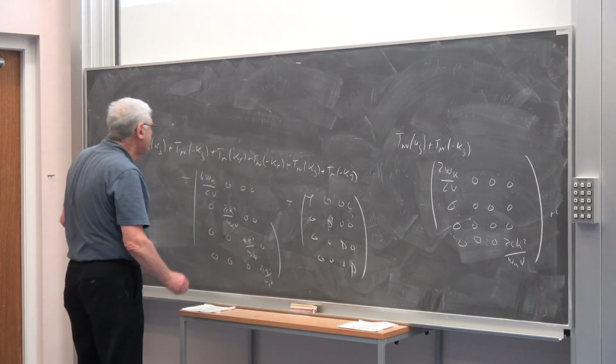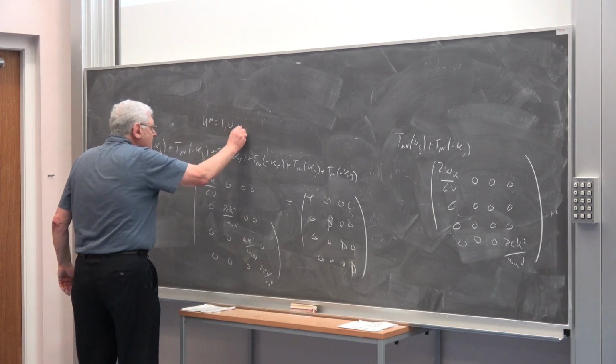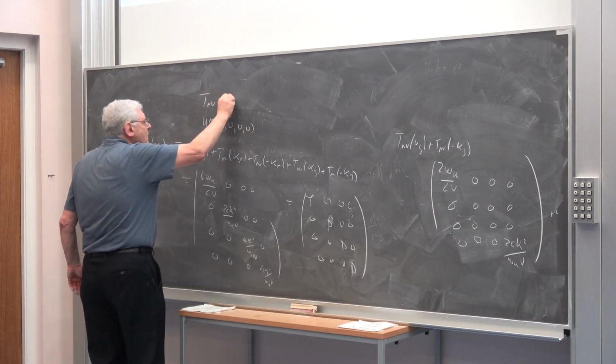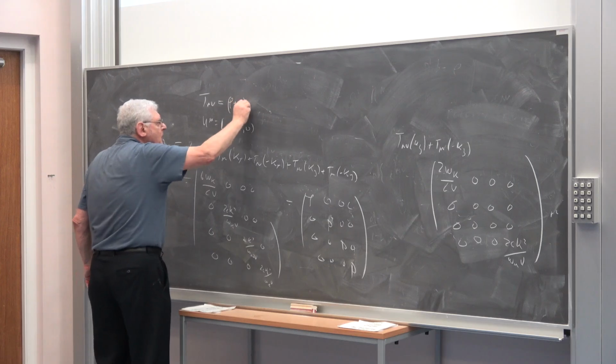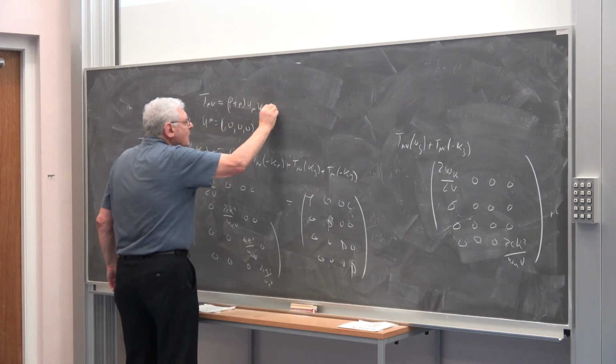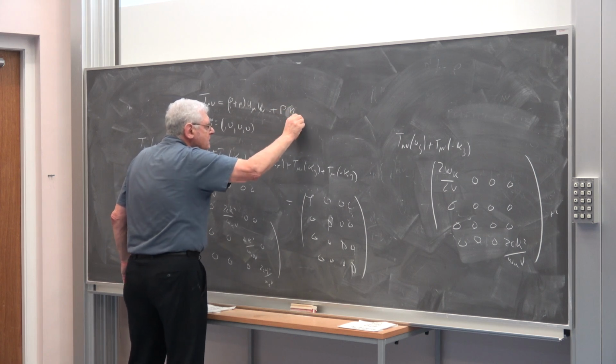We introduce a vector u^μ, which is 1, 0, 0, 0, and then T^{μν} is (rho plus P) u^μ u^ν plus P, in this case, eta^{μν}.